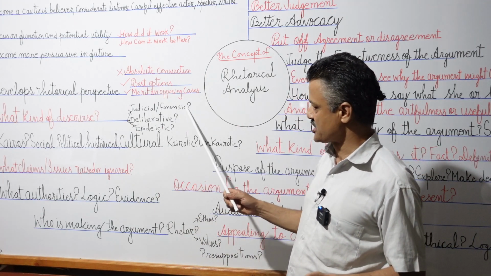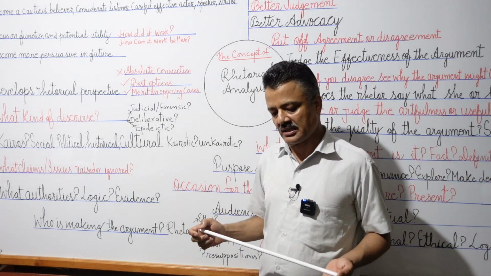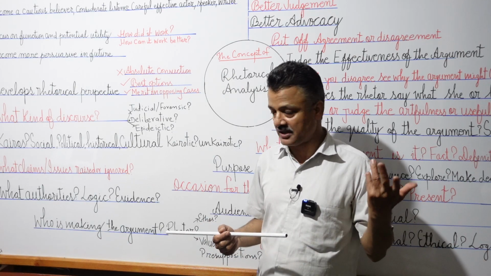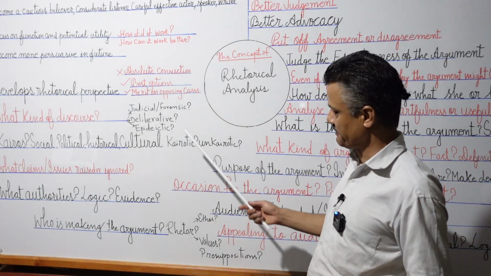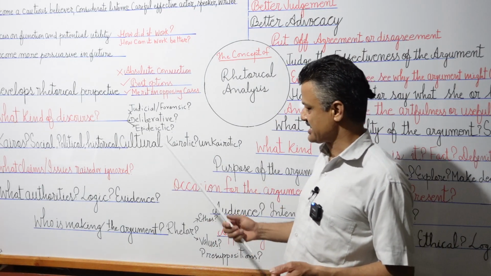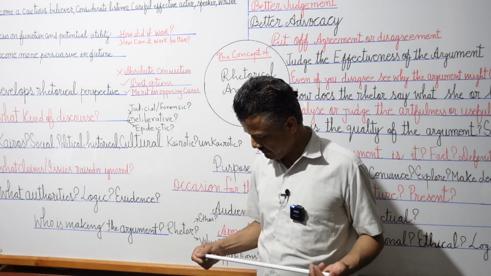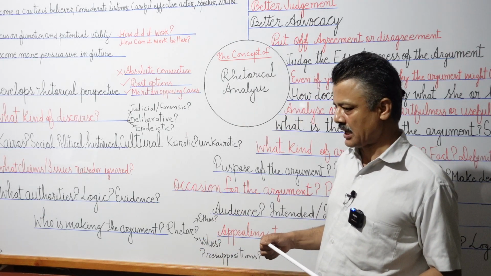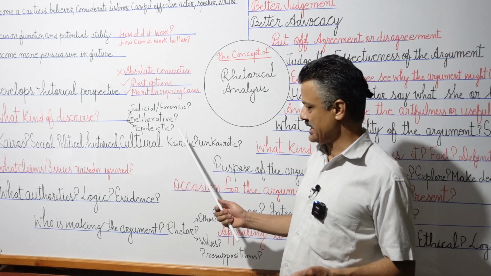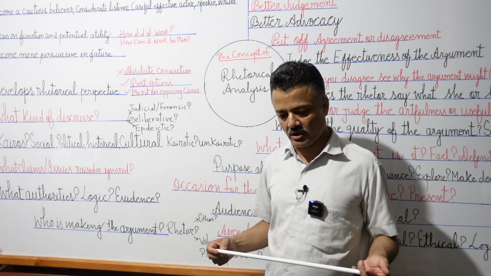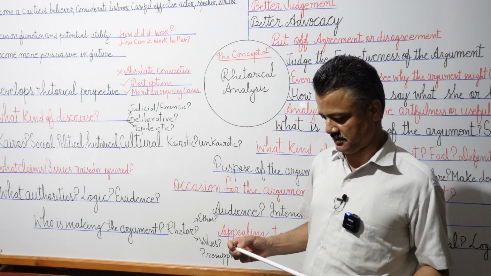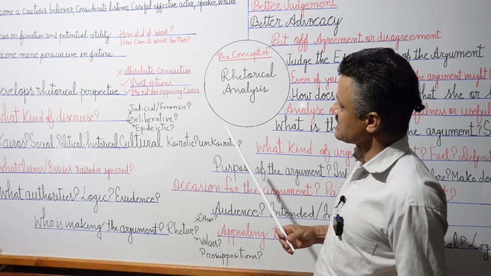Is it judicial or forensic discourse that discusses something that happened in the past? Is it deliberative discourse, or is it epideictic discourse? For example, Lee's memoir, Coming Home Again, is epideictic discourse because it praises the grandmother.